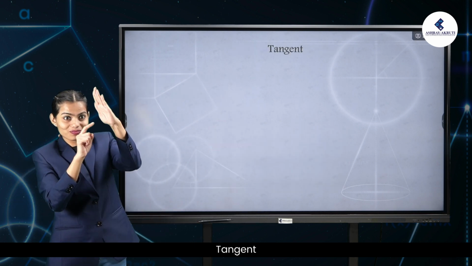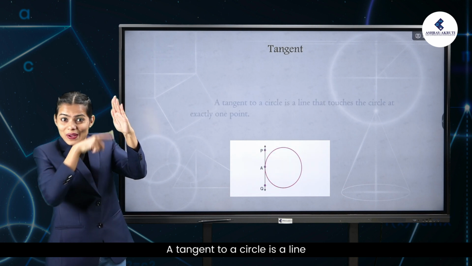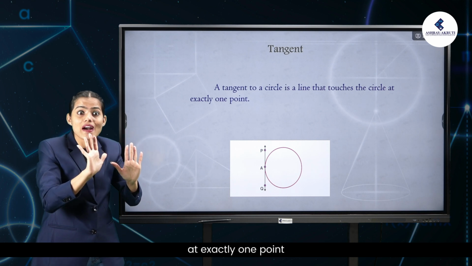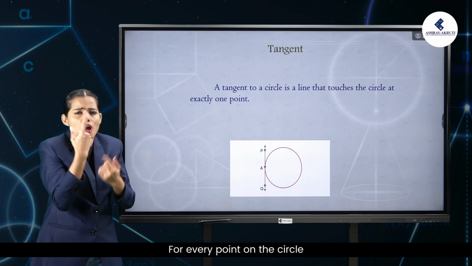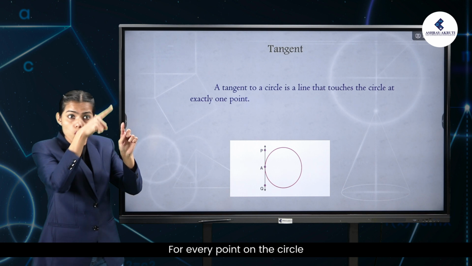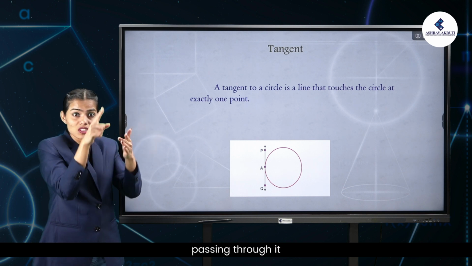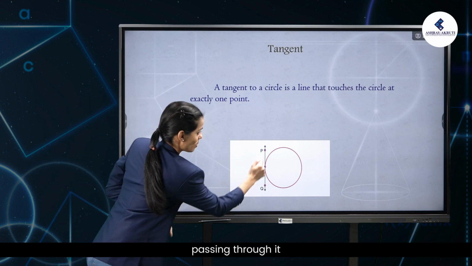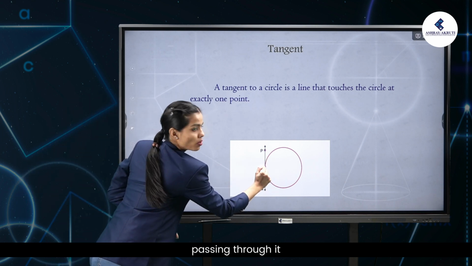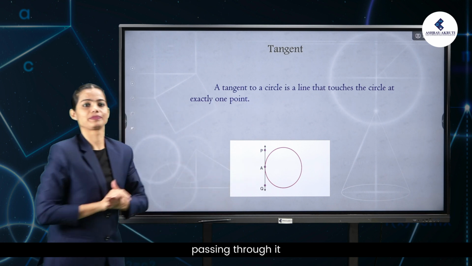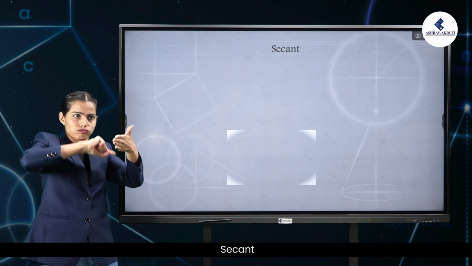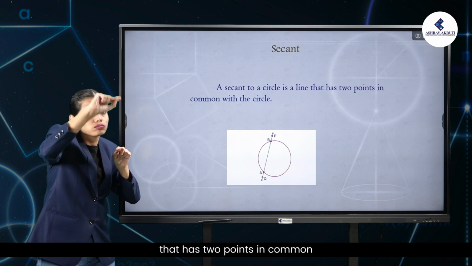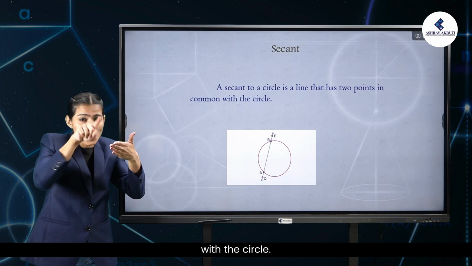Tangent. A tangent to a circle is a line that touches the circle at exactly one point. For every point on the circle, there is a unique tangent passing through it. Secant. A secant to a circle is a line that has 2 points in common with the circle.